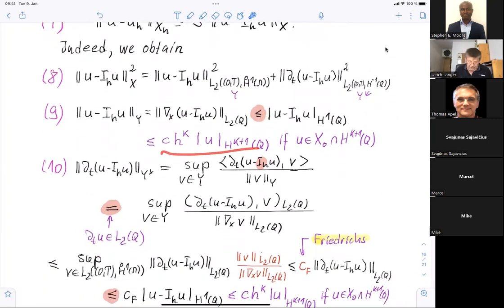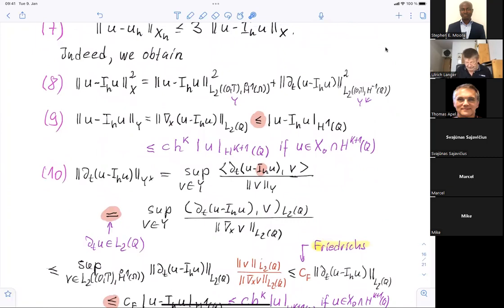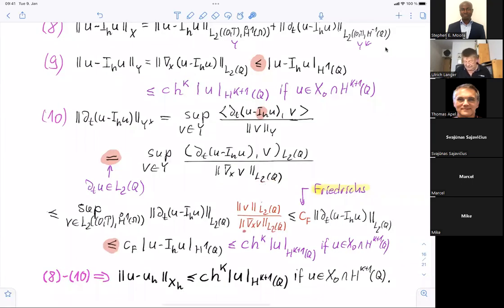In the dual norm, the same game, we have this representation. We now know from the regularity that the time derivative should be at least in L2. When we have this representation, then we can estimate by the L2 norm, and here we have a gradient of an L2 norm, the x gradient. This is already enough to have some kind of Friedrichs inequality. This is enough in space. And then the supremum is gone.